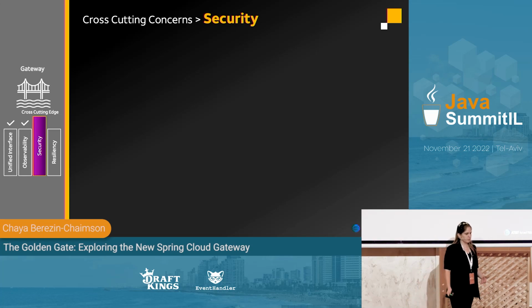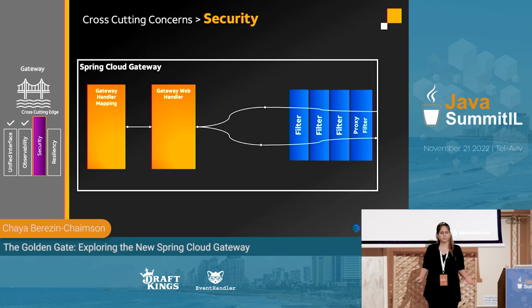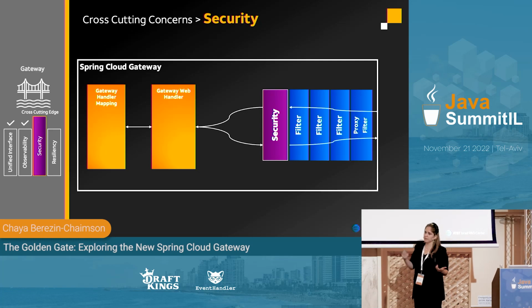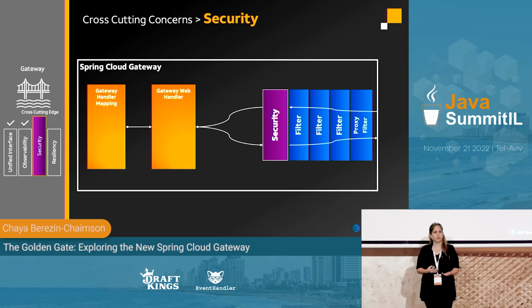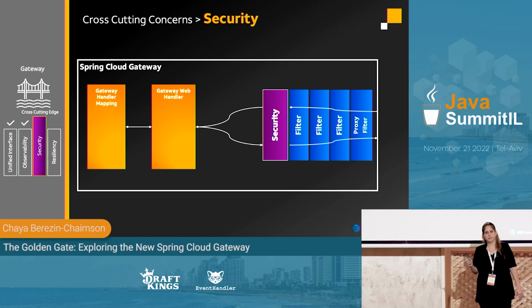You could think that we could tackle security the same way as we did with observability. We could create our own security filter or authentication filter and implement the authentication logic of our users. But the better news is that we didn't need to do it.